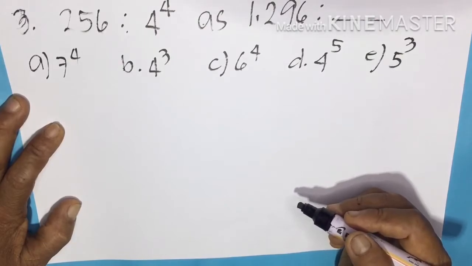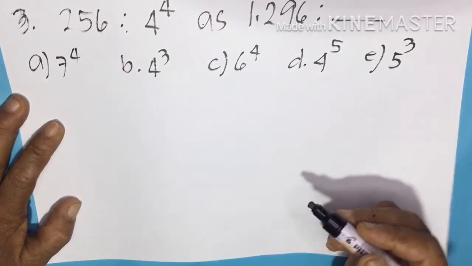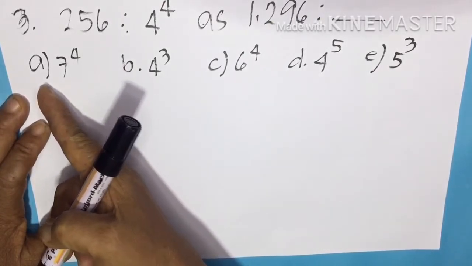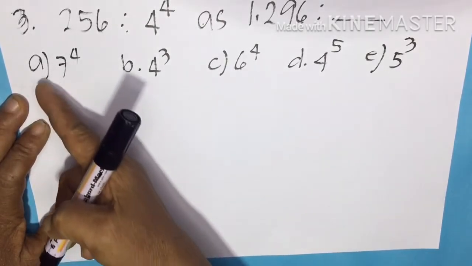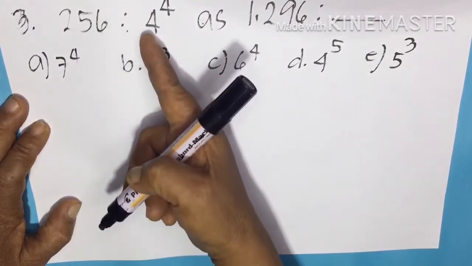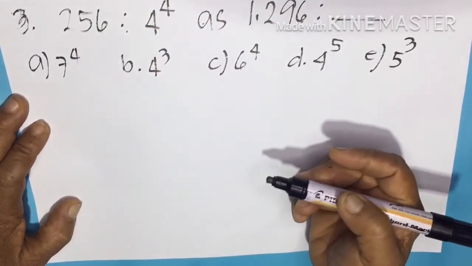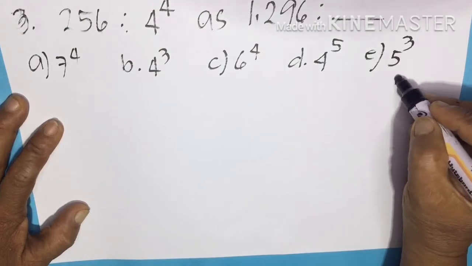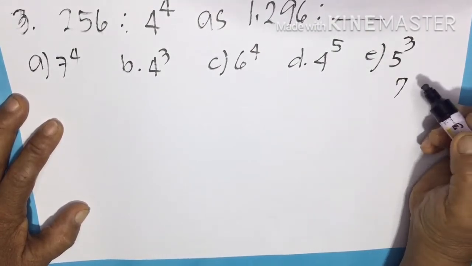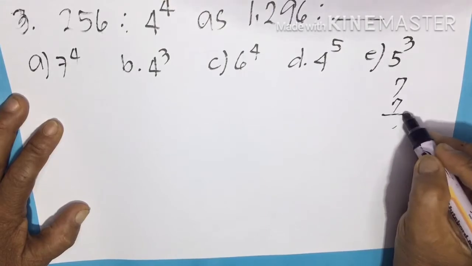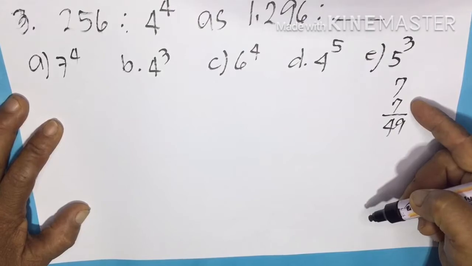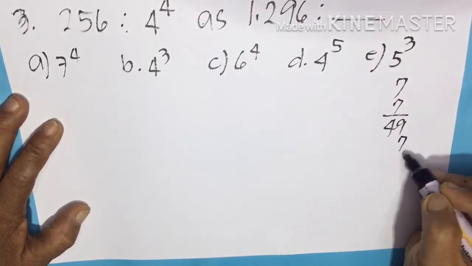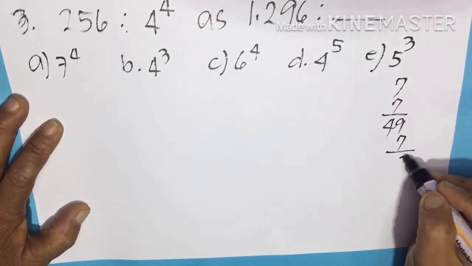Our given numbers which have a 4 to the power of 4 are only letter A and letter C. So we have to concentrate on letter A and letter C. If we multiply 7 times 7, that is 49. 7 times 9 is 63.